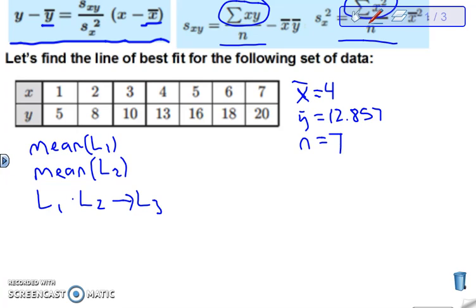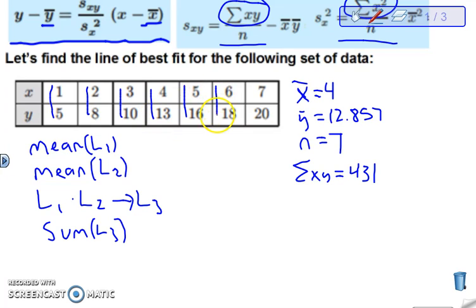And then we can use our list operations to find the sum of L3. In doing that, we should get that the sum of x times y is equal to 431. If you're doing it by hand, again, you would just multiply the x's and y's together and then add your total.